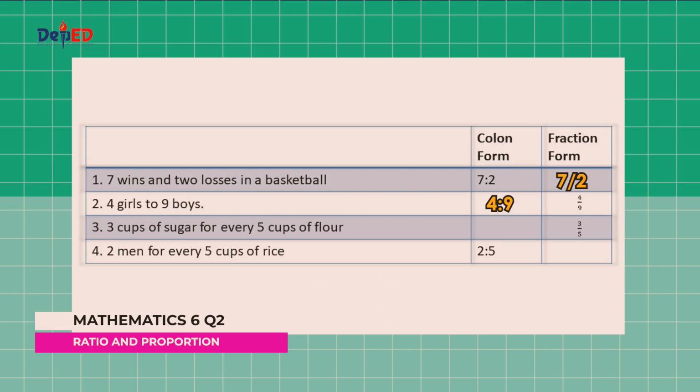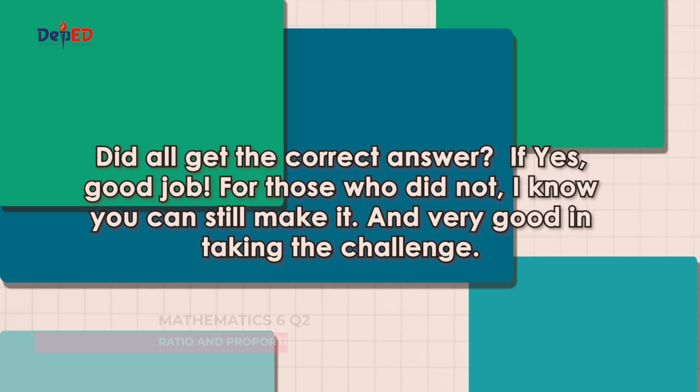Number 3, the missing form is colon form. The answer is 3:5. And for number 4, the missing form is fraction form. The answer is 2/5. Did you all get the correct answer?